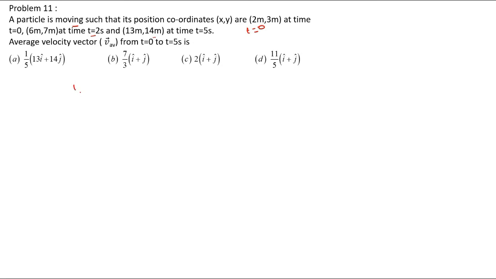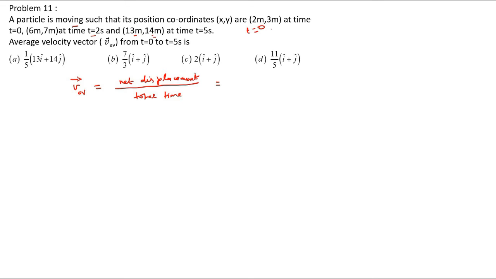So the average velocity vector formula is net displacement, note that net displacement will be a vector, divided by total time taken. Total time taken for what? For change in position from 2 meter comma 3 meter to 13 meter comma 14 meter.